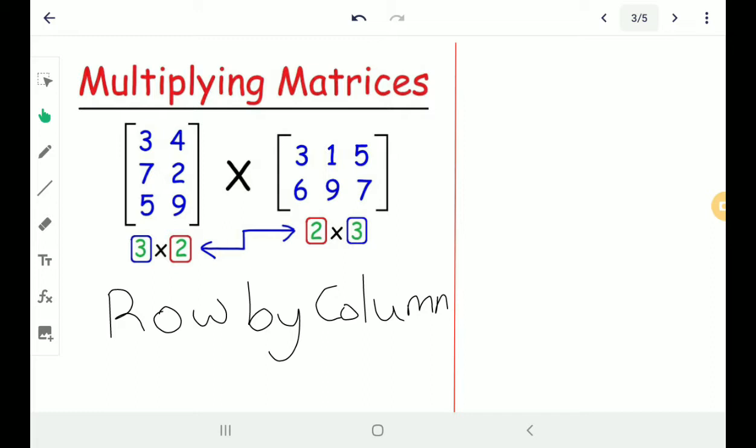Okay? So the first element in the row here is 3. So let's multiply 3 by the first element in the column.